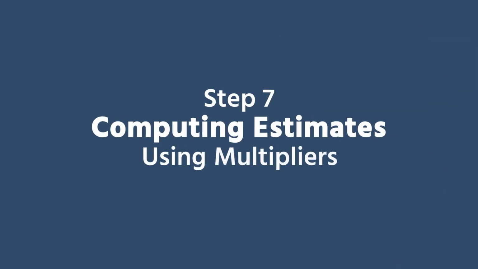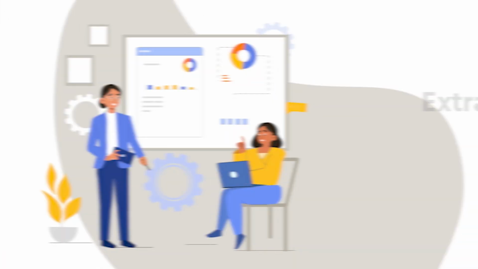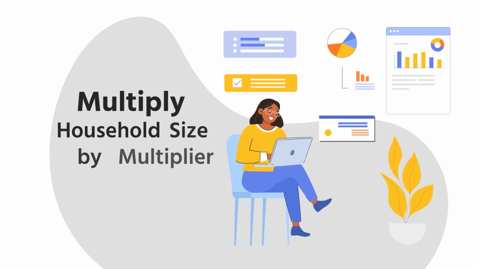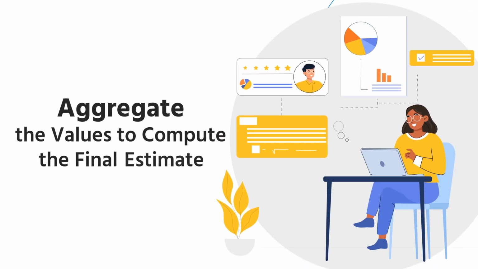Step 7. Computing estimates using multipliers. To estimate total population in a given domain, extract the relevant data portion, multiply household size by multiplier, and aggregate the values to compute the final estimate.